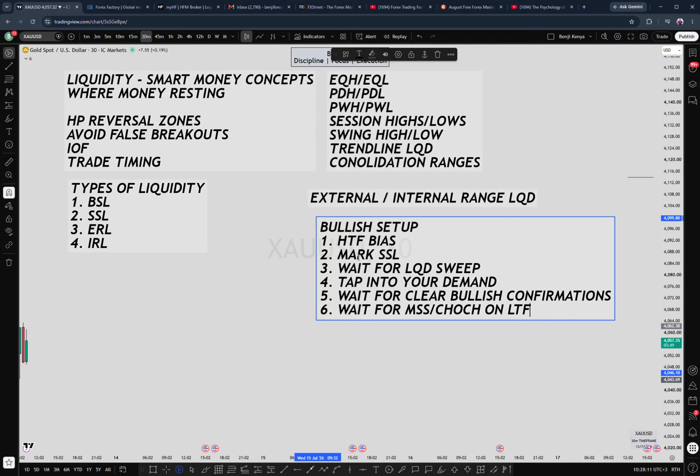For me, I usually love tapping into my order blocks. Once the market taps into my order block, you can always come to the M1, M3 or M5.